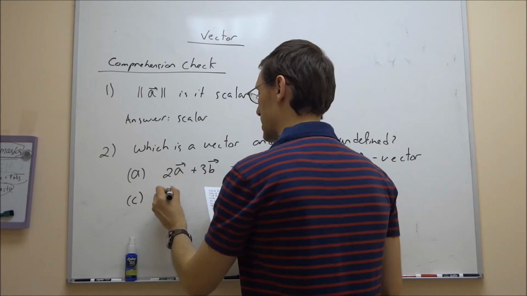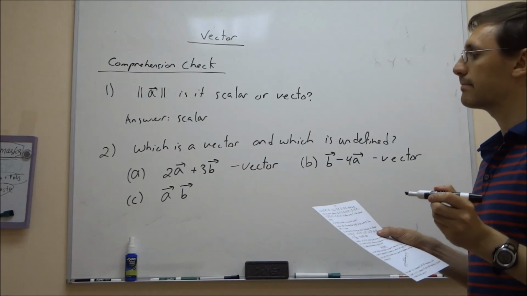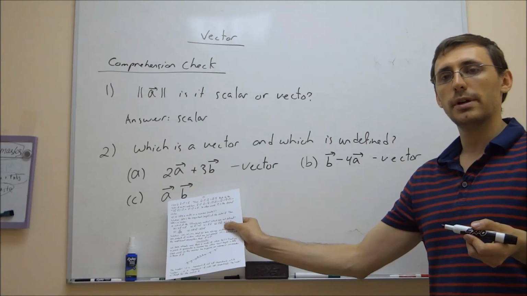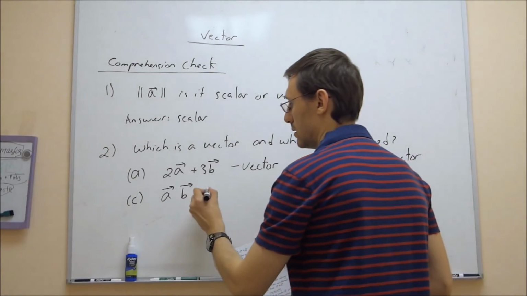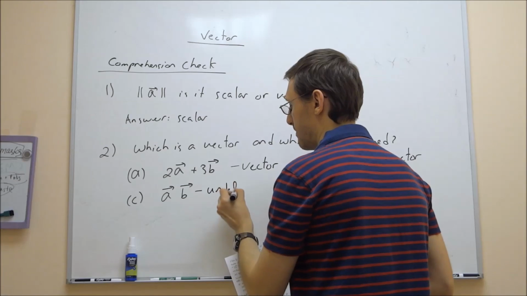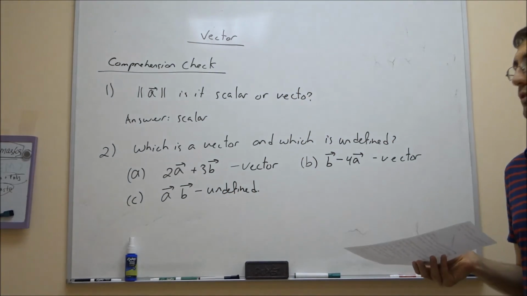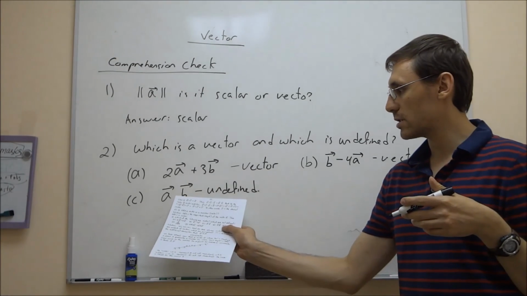What about this thing? We haven't ever described any way of multiplying vectors. So this is undefined. In later lectures, we will consider two types of products of vectors, the dot product and the cross product. But right now, notice there is nothing here.